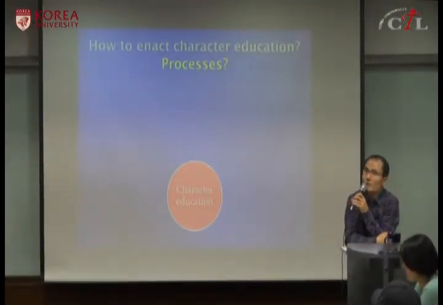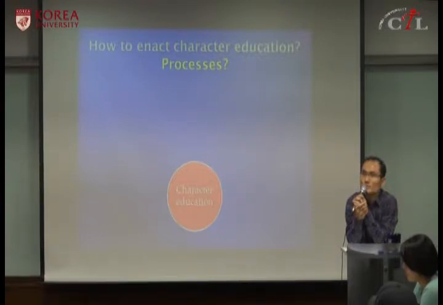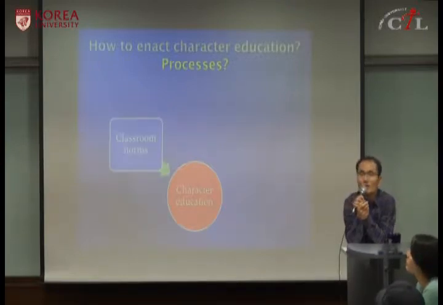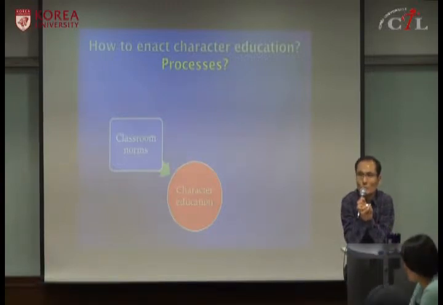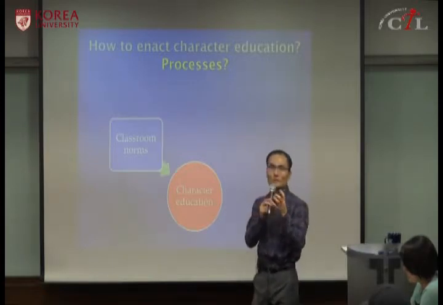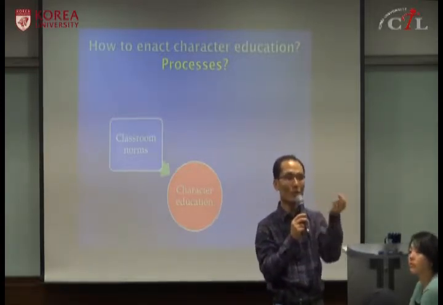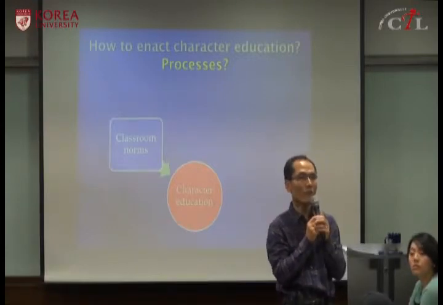In this course, I can think of at least three components as well as a process. One is classroom norm. Classroom norm means some important rules between you and me that we should follow.